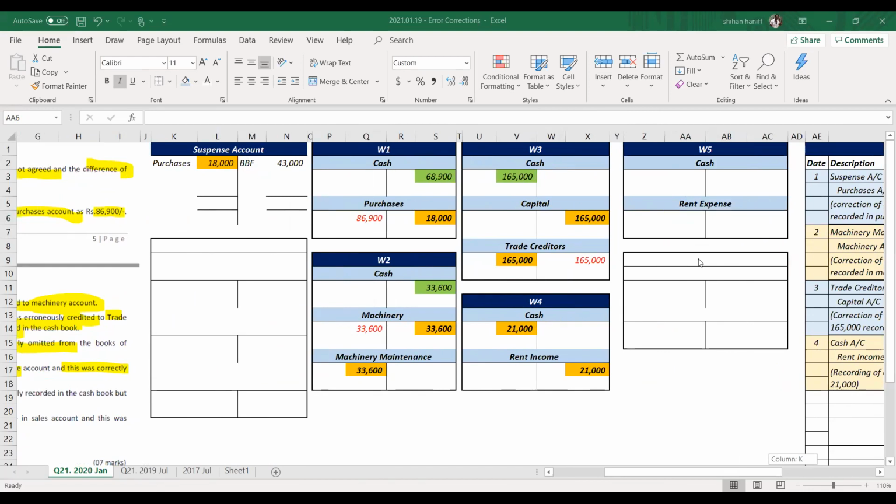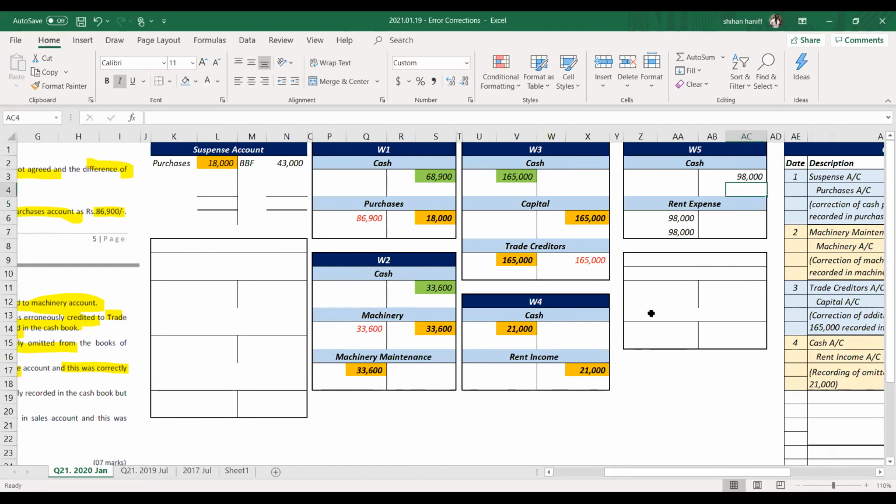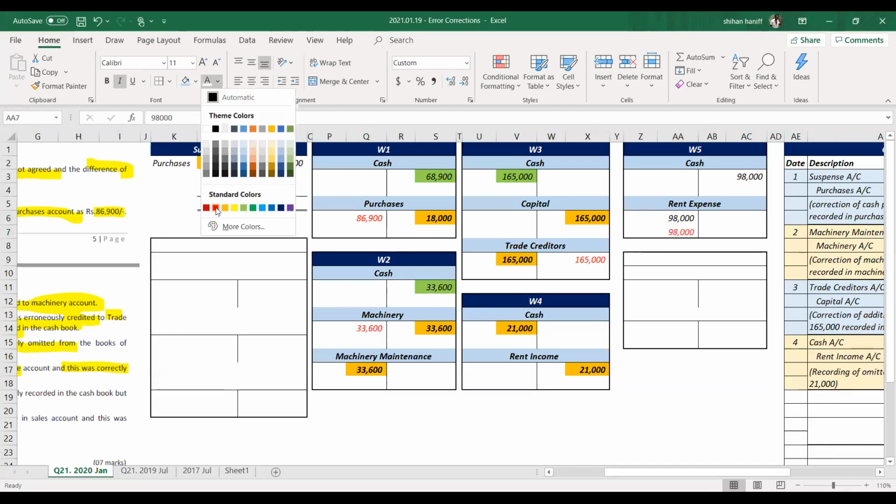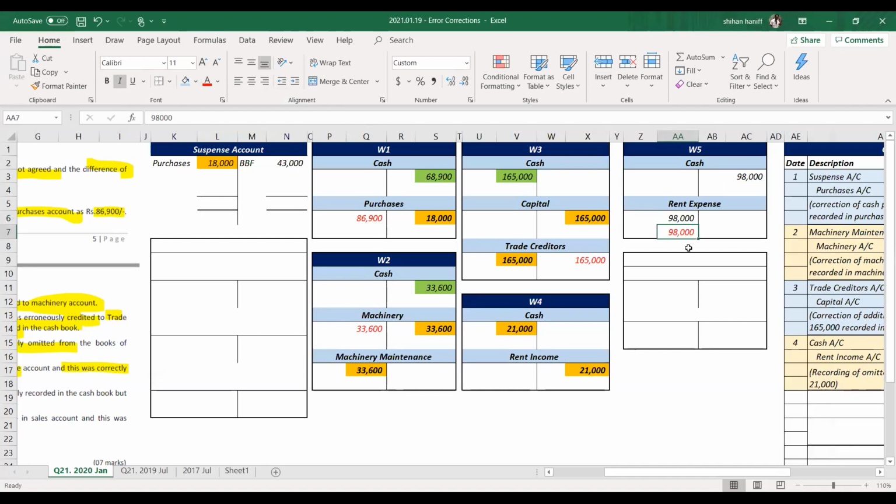What is the value? 98,000. Debited twice. Cash book is correctly recorded 98,000. Cash is correct. So how do we correct this? In rent expense account, there is an additional 98,000 that we need to remove from the account. So what is the correction entry?